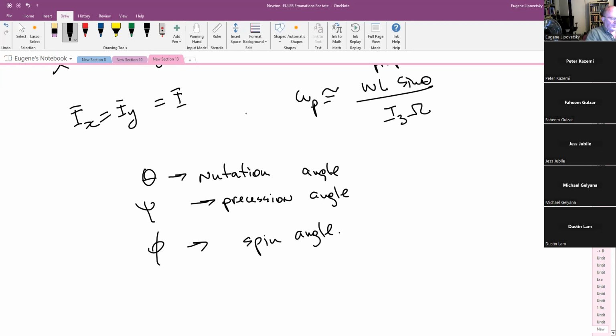All right. Now, just like as before, write down that for the body, we have the omega y of the body equals to psi dot sine theta. All right. And the phi dot is the same direction.